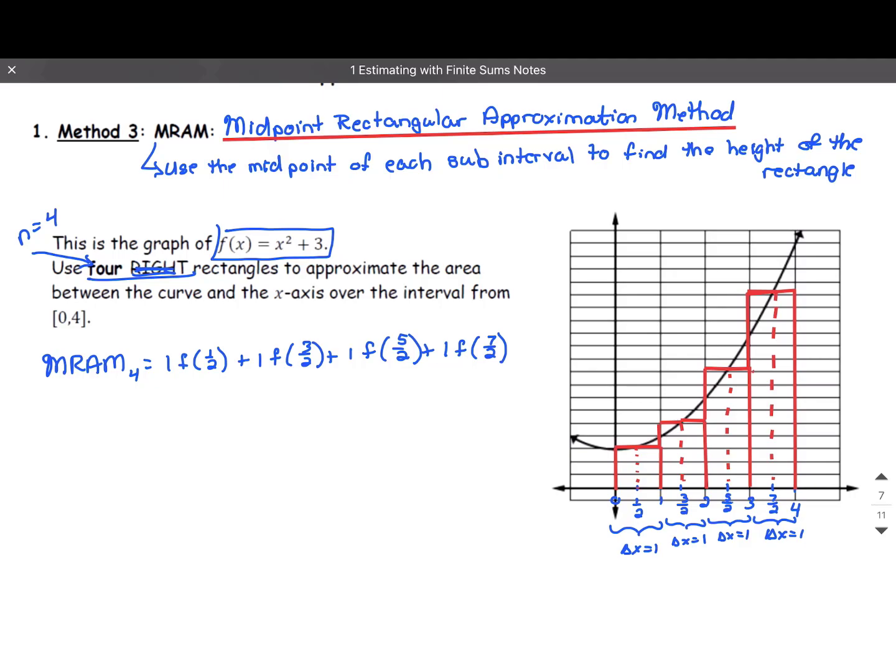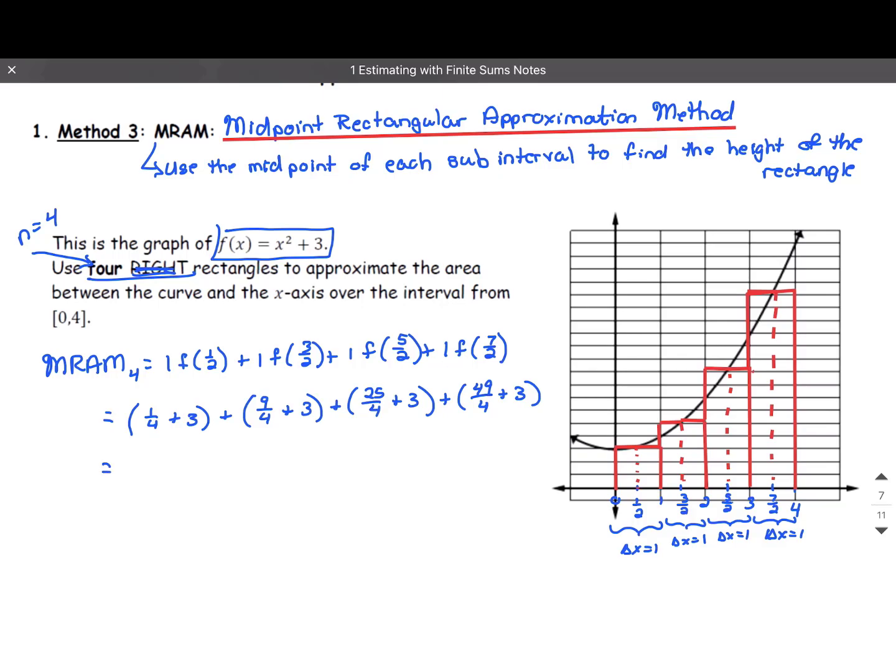So now we're going to have 1/2 squared is 1/4 plus 3, plus 3/2 squared is 9/4 plus 3, plus f of 5/2 is 25 fourths plus 3, plus f of 7/2 is 49 fourths plus 3.